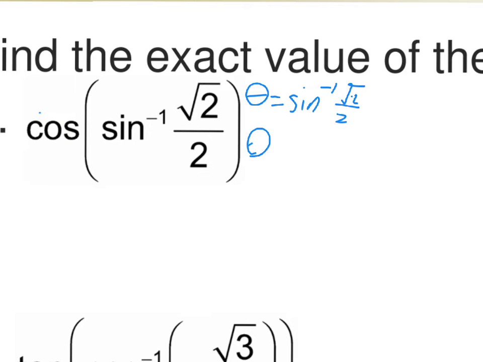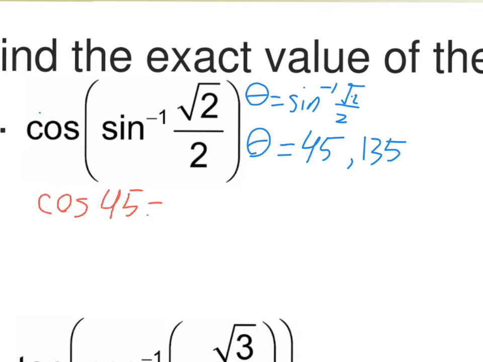So theta could equal 45 degrees, or it could equal 135 degrees. So this allows us to then rewrite our statement as the cosine of 45 or the cosine of 135.